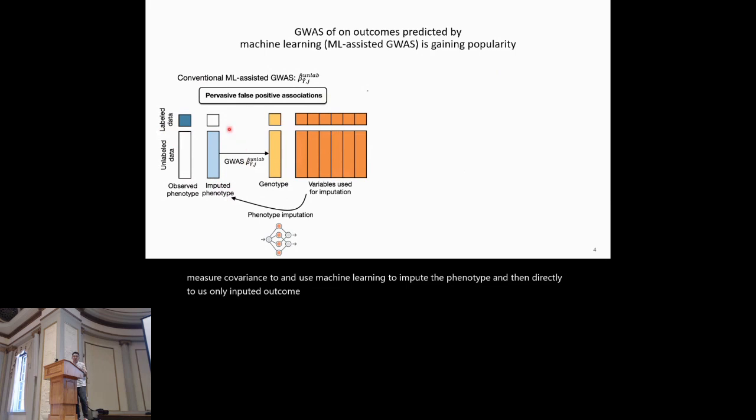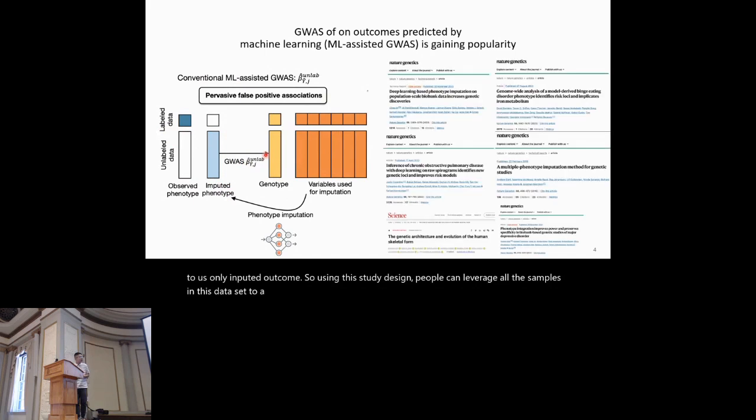Using this study design, people can leverage all the samples in the dataset to do a powerful GWAS. This study design has been extremely popular in recent genetics literature, and all these papers adopted it.